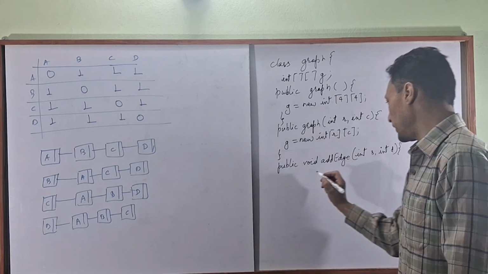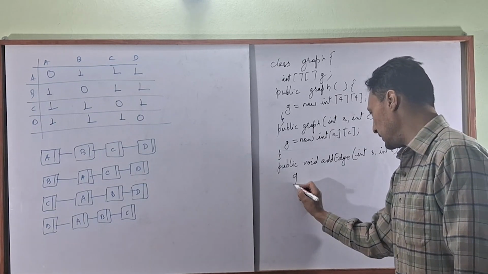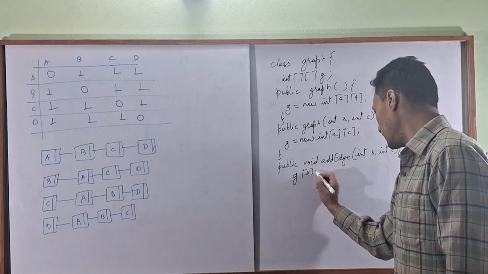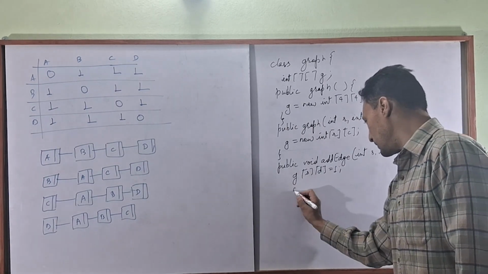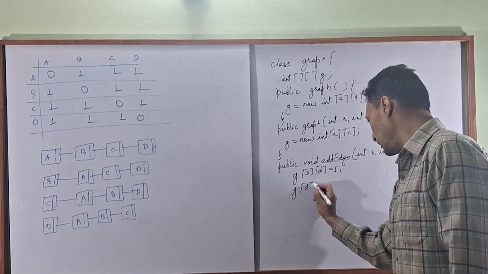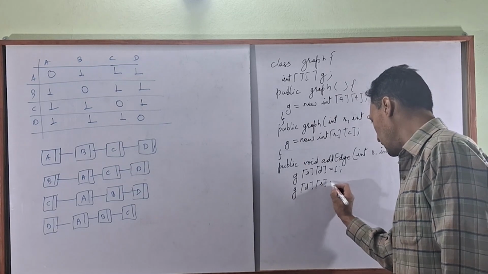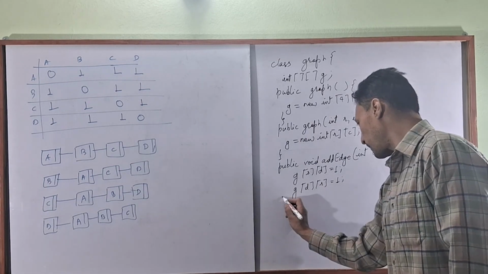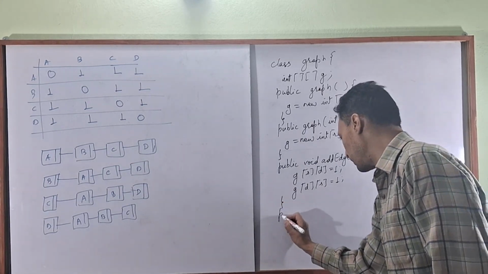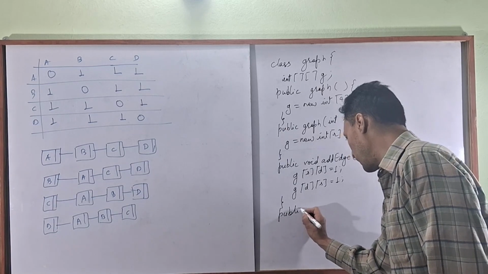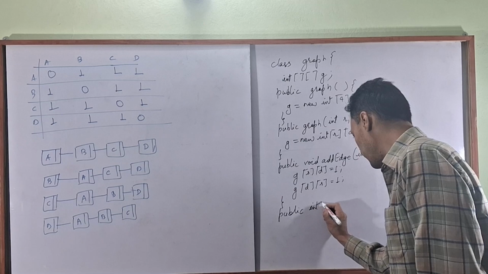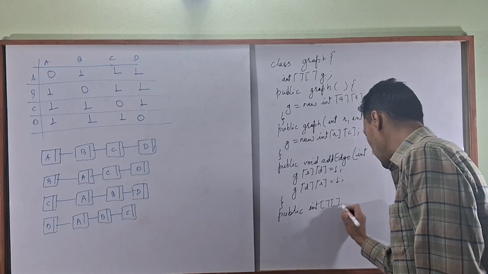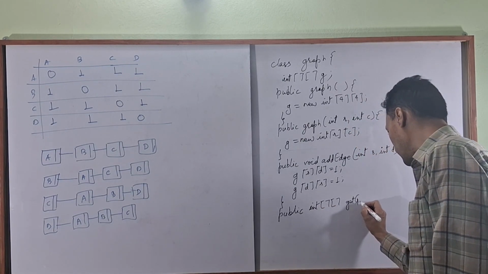Now we will be doing G[s][d] is equal to 1 and G[d][s] is equal to 1. Simple. Now we'll be having one more function here, public void, to return this graph, get graph.